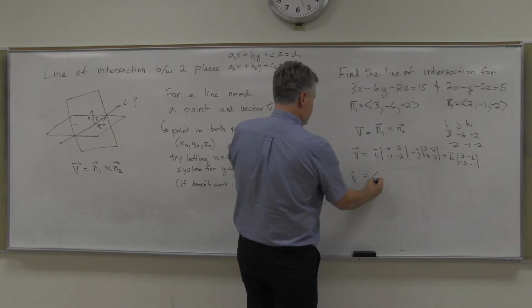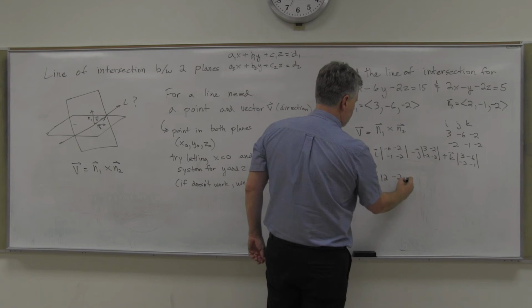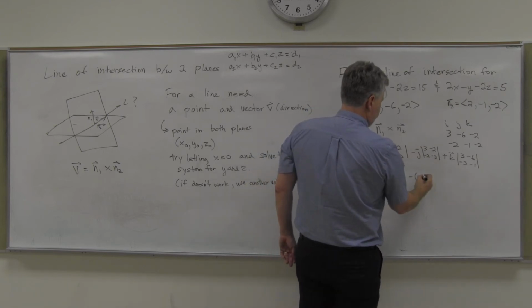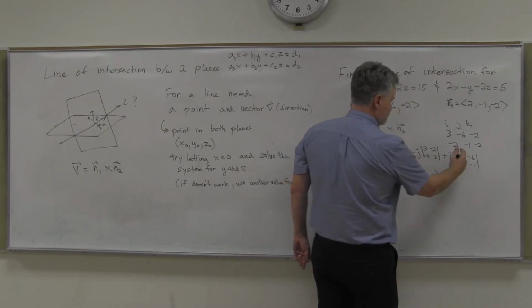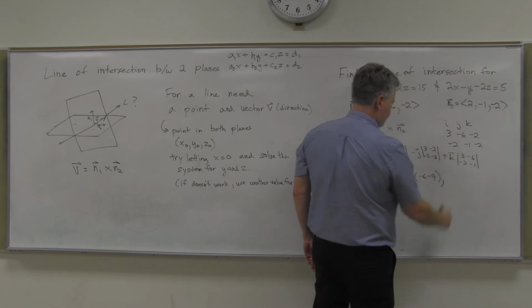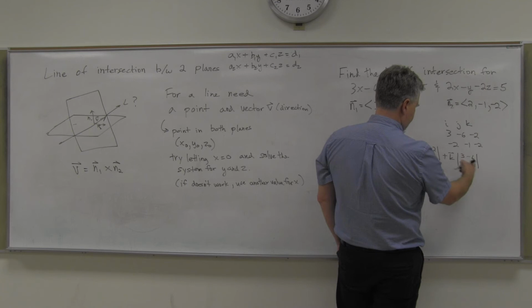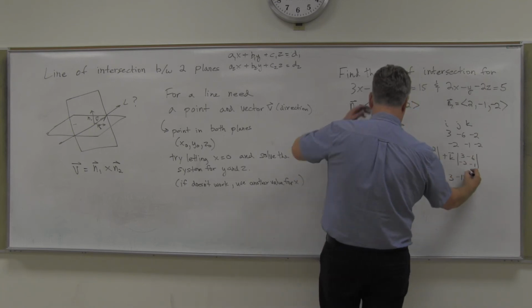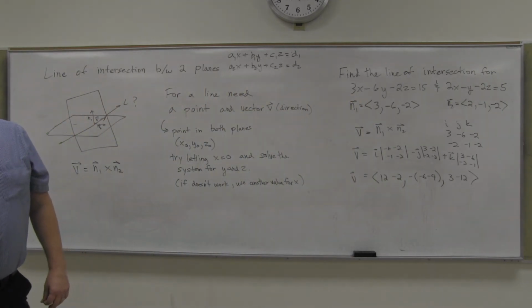So vector v is, what is that, 12 minus 2. The j would be minus negative 6 minus 4. And then k is negative 3 plus, let me fix the formatting here. All right, negative 3 minus 12. Get that right? 10, and then 10.